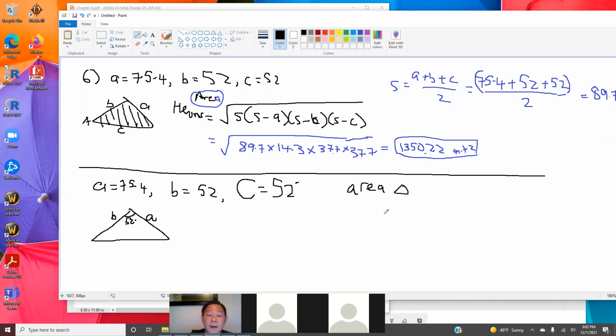In order for you to find the area of this triangle, you don't use the Heron's area formula, because this is only used when I give you three sides.